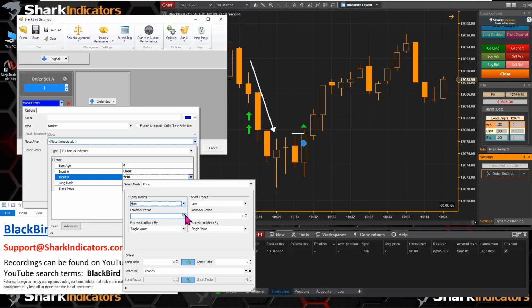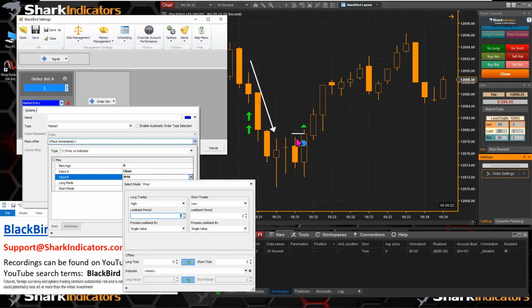And for the look back period, we want 2, because we want to look back one extra bar at the previous bar. So just set that to 2, and we're going to leave the processing at single value. And that's it. That's all we need.